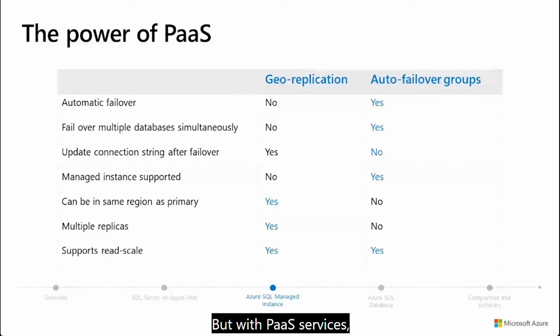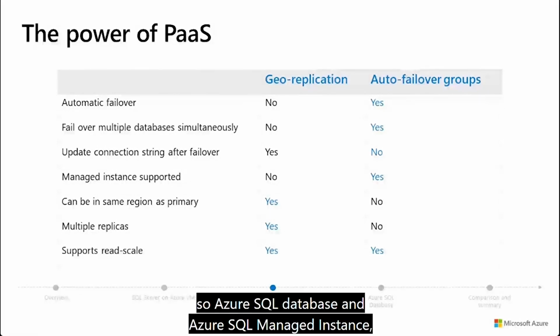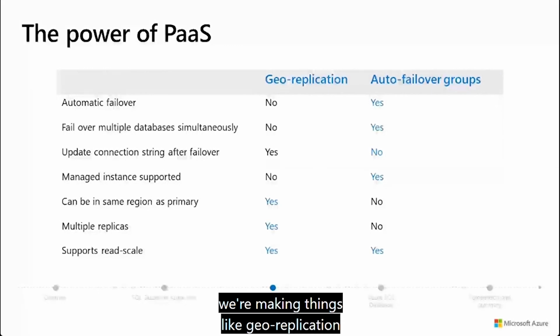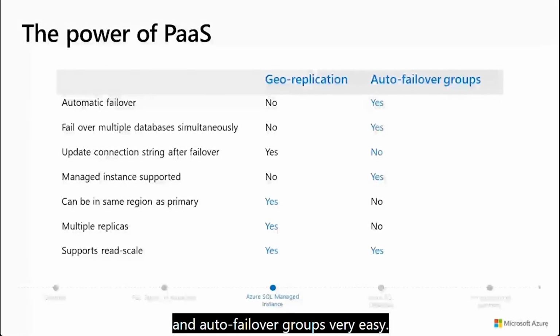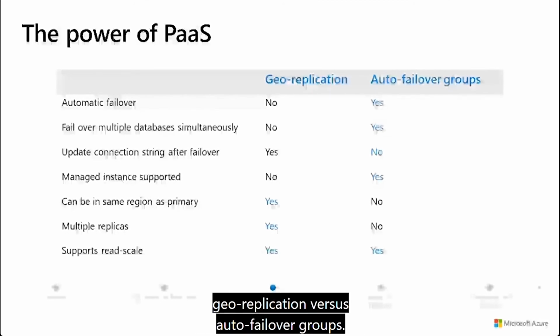But with PaaS services, so Azure SQL Database and Azure SQL Managed Instance, we're making things like geo-replication and auto failover groups very easy. You can see here how I'm comparing and contrasting geo-replication versus auto failover groups.